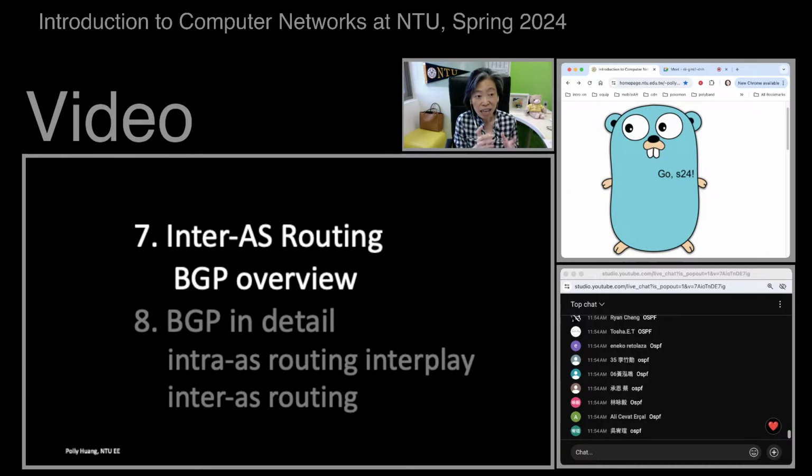In BGP, in this endless loop, each iteration consists of 4 steps. First, collect the AS path, or the path vector information, from the neighboring ASs, similar to distance vector. But second, recall that on the internet, the internal routers still need to know the inter-AS routes.